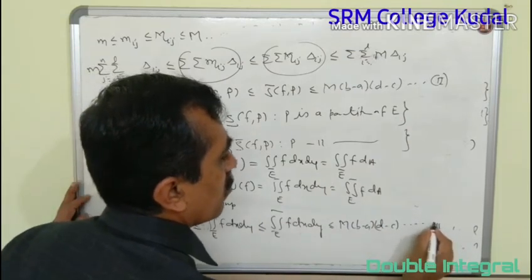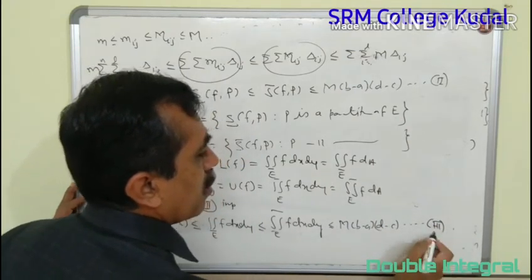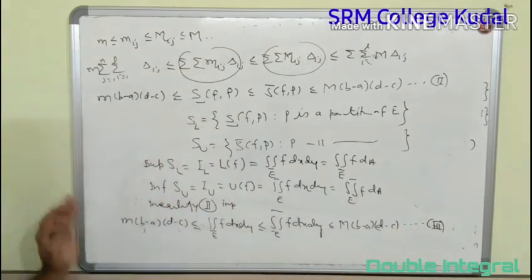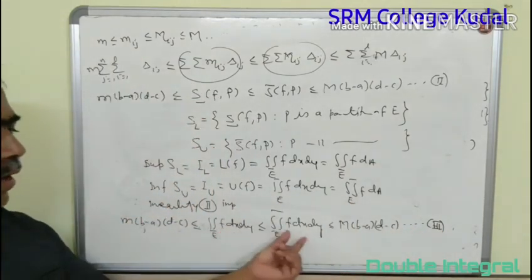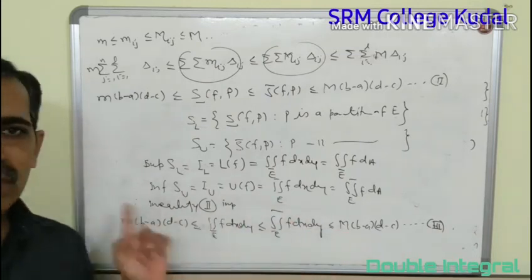Suppose this is my inequality number 3. So thus every lower integral and upper integral lies between these two numbers.